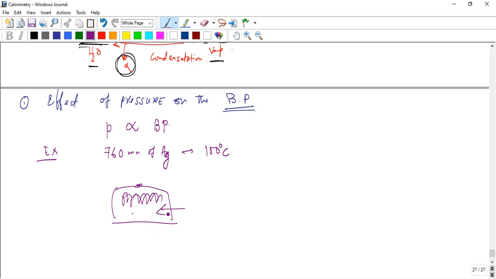Inside the pressure cooker the pressure is 1.75 times the outside pressure.